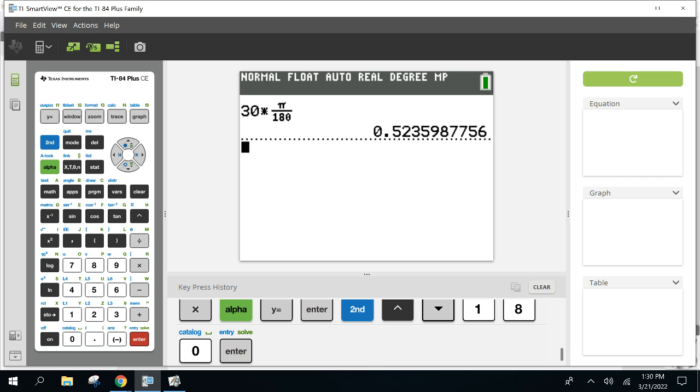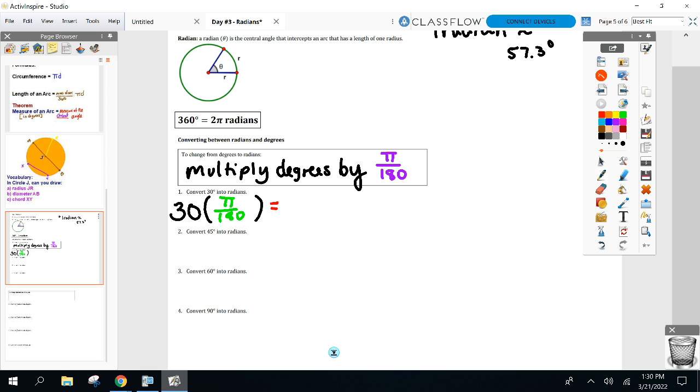So if I don't want the whole decimal written out, how do I want it? In terms of pi. When you write a radian measure for me, I want it in terms of pi, so I don't have to see this whole thing. Keep the pi in your answer, everyone. Then do 30 over 180 in your calculator, because that's what's left over.